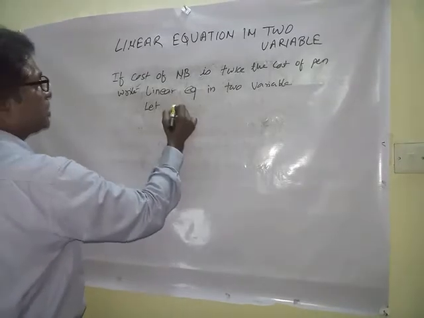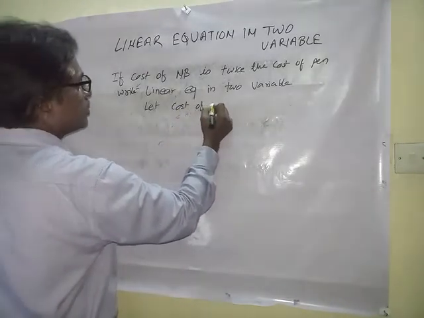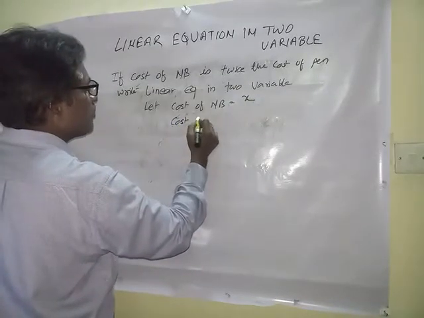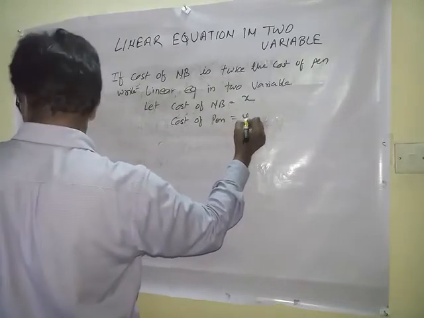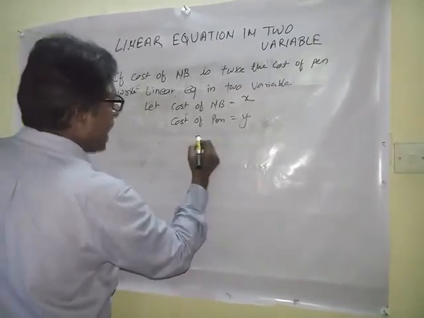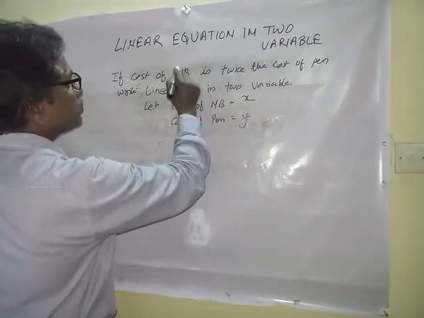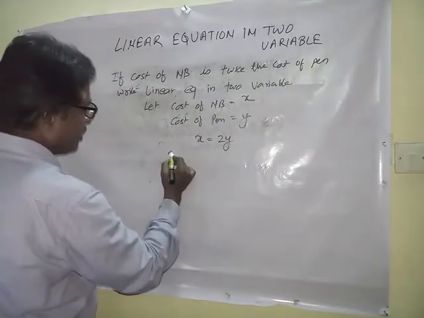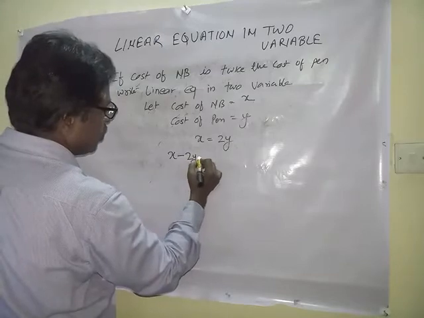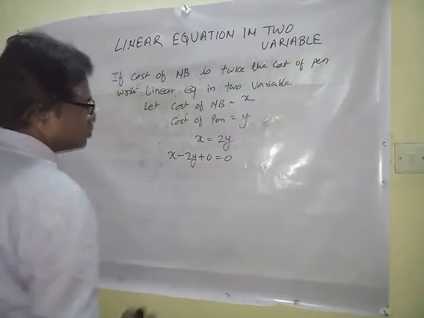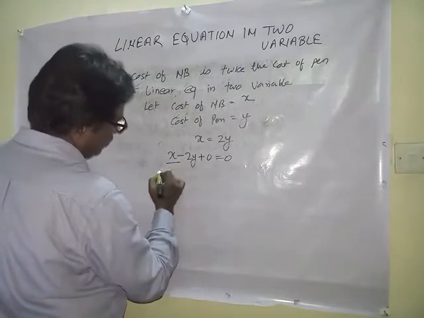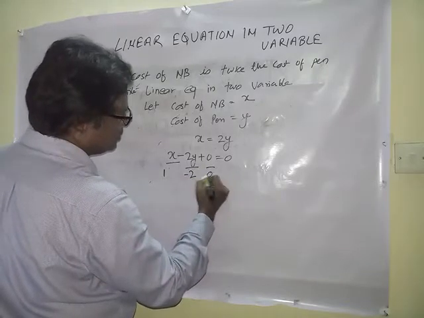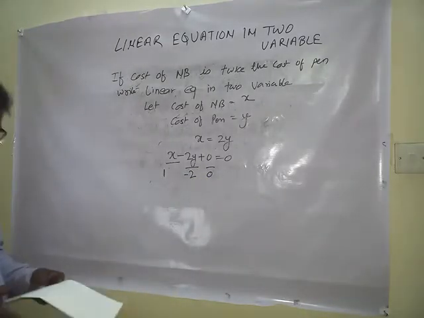When you solve the question, let the cost of the notebook be x and the cost of the pen be y. Then the cost of the notebook is twice the pen, so x is equal to 2y. Now you can write x minus 2y plus 0 is equal to 0. So a is 1, the coefficient, b is equal to minus 2 and c is equal to 0. So that is how you have to do that.